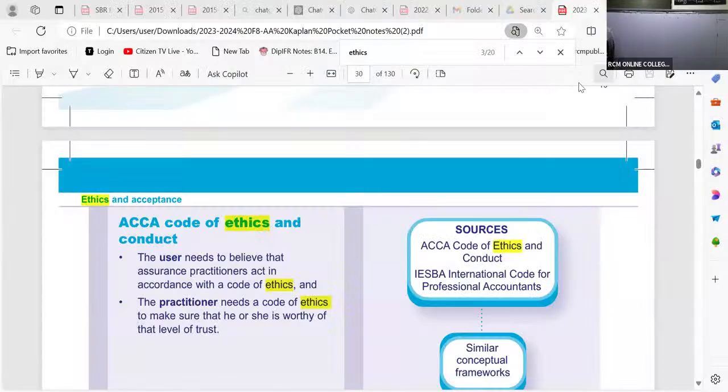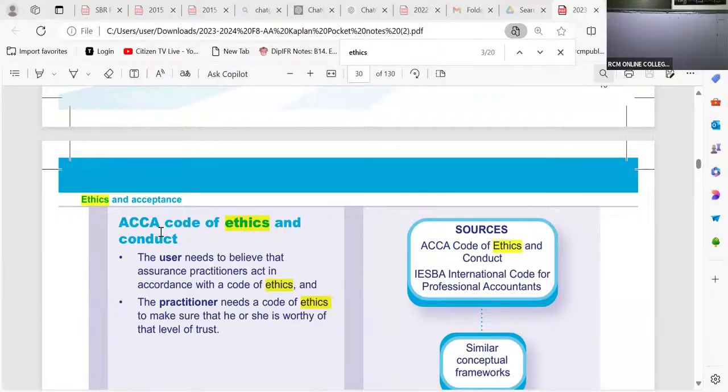All right, so in this case, ladies and gentlemen, we have here, of course, ACCA and ISPAC, they really work together. These standards are the same. So where you are seeing ACCA, we shall be reading ISPAC.